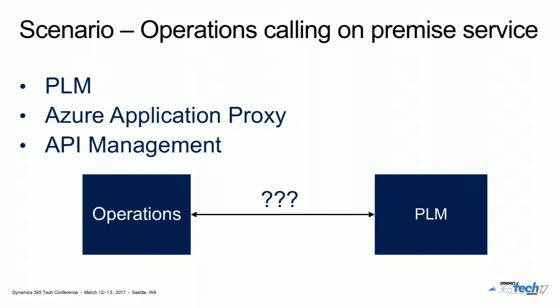So we are seeing a lot of these requirements where D365 from cloud needs to talk to all these on-prem devices which go through web services. This particular customer has a PLM system, a product lifecycle management system, so it has all their items and BOM.